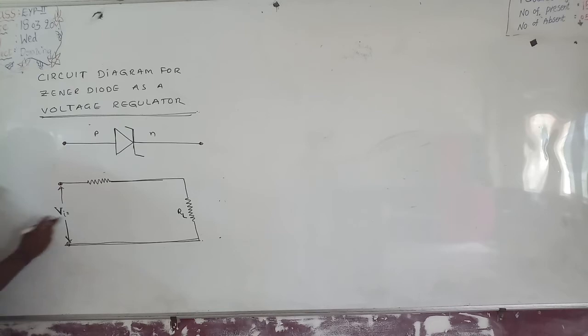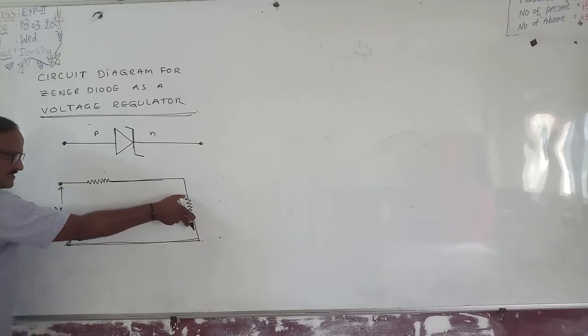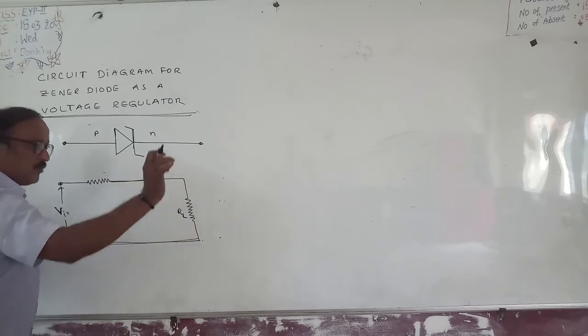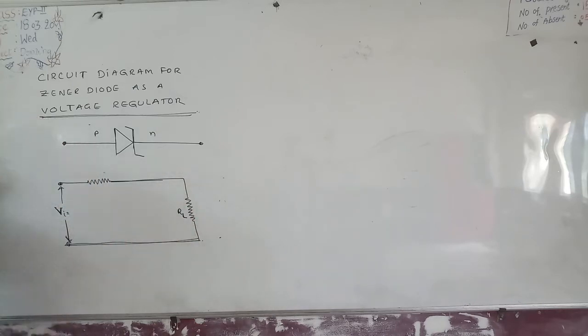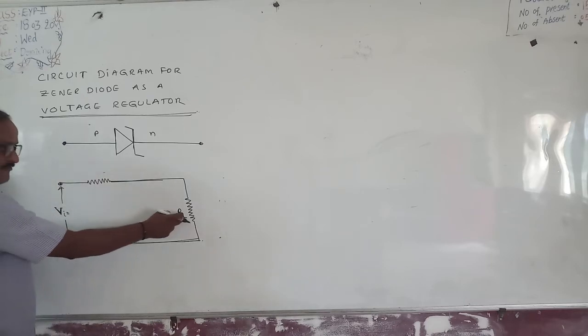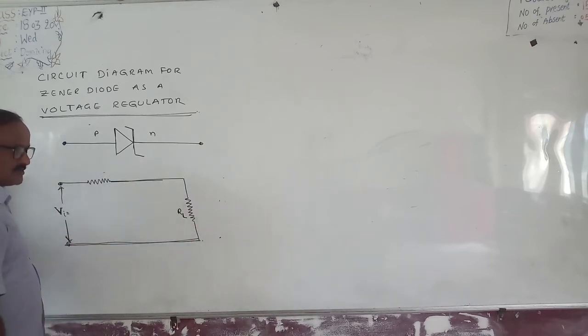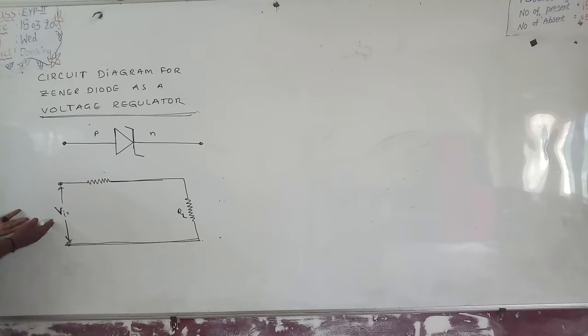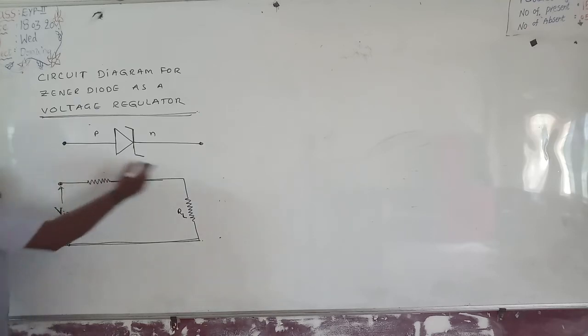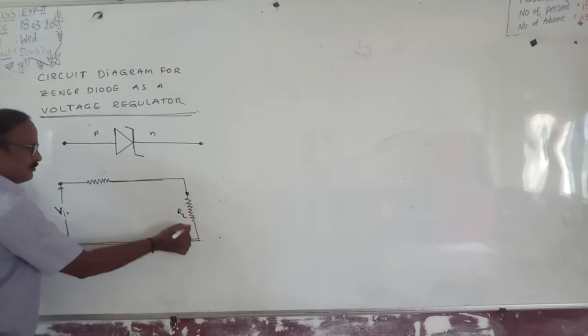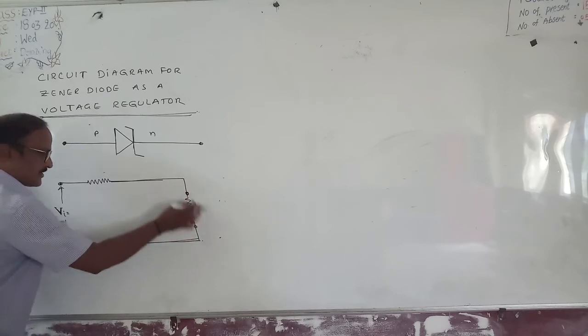But this fridge needs only 120 volts, while the applied voltage is 240. For the working of the fridge, we need only 120 volts. The excess is 120 volts, and the total circuit may collapse.